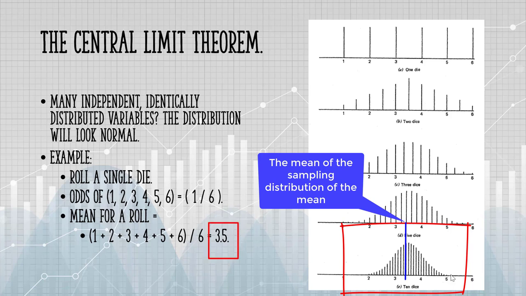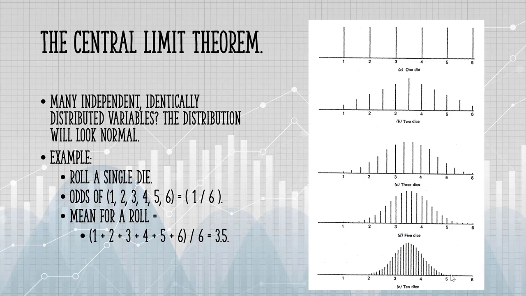This is what the central limit theorem predicts. As the sample size increases, the mean of the sampling distribution of the mean will approach the population mean of mu. You can think of a sampling distribution as a relative frequency distribution with a very large number of samples.